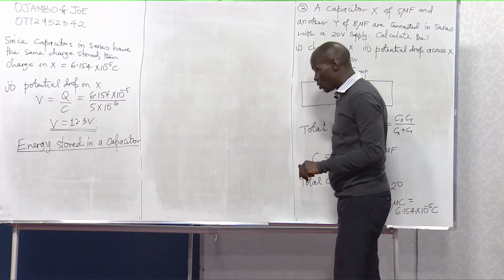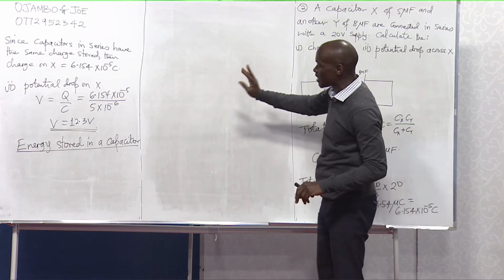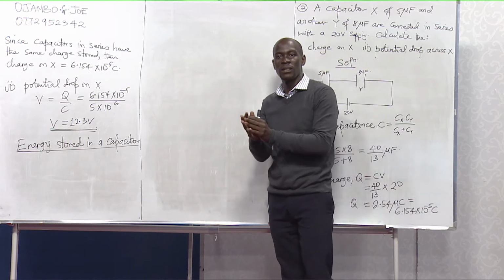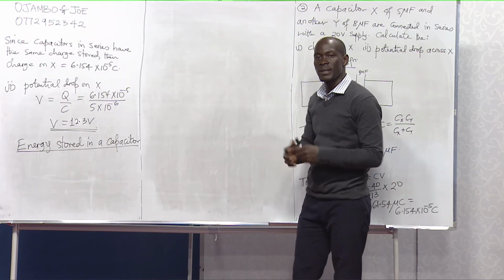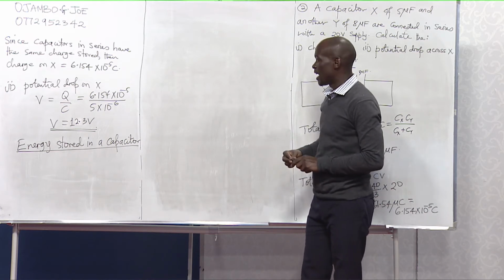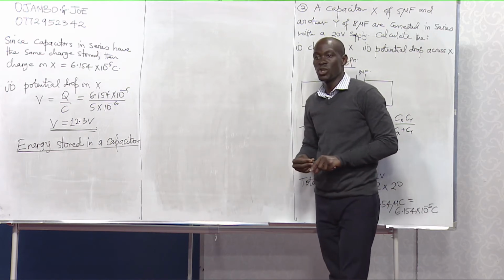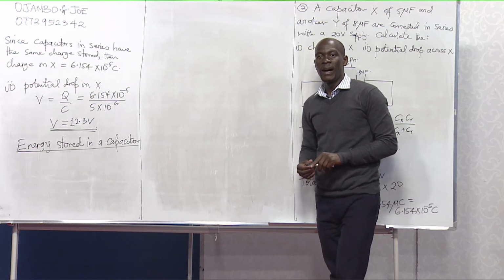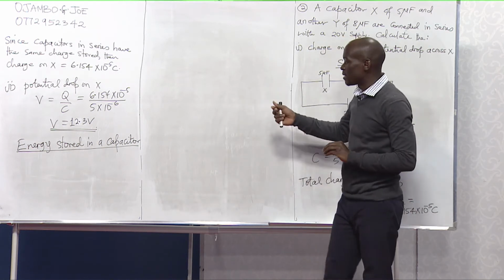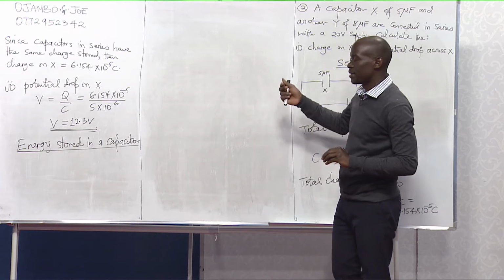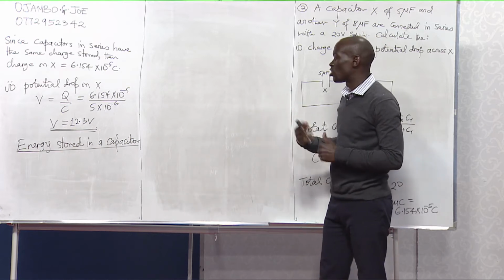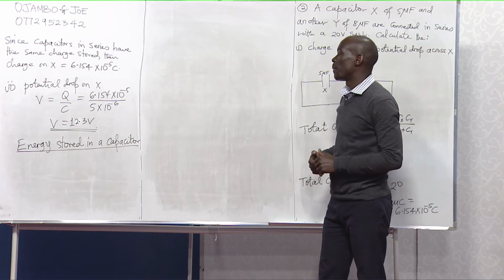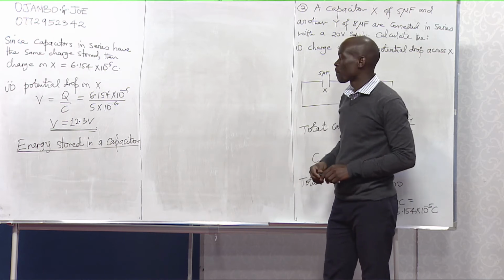We talked about charging a capacitor. Now, when the capacitor is charged, we discover that it stores that charge in form of electric potential energy. Now, how is this energy stored related to the capacitance or to the charge or to the PD?